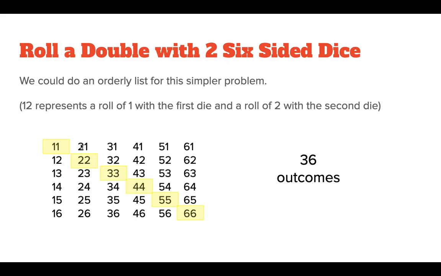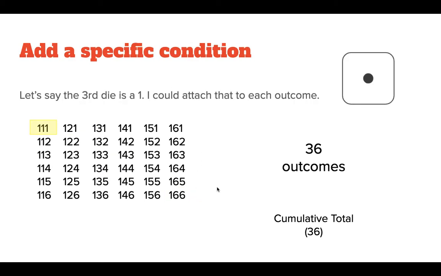Matter of fact, that first roll could have been anything, and I'll get 1 through 6 as 6 unique outcomes for that first roll. So that's how I've organized this list. The first die was this, the second die was this. And we can clearly see that there were 6 doubles where all the dice were the same, and there were 36 total. So we're going to see if maybe that helps us a little bit.